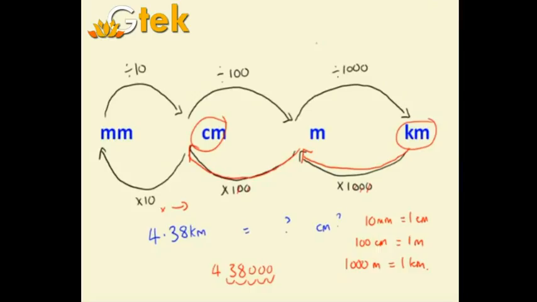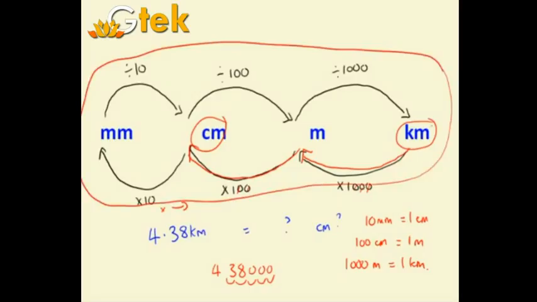So this is the basic idea of converting from one unit to another unit, right? So you have to be aware of this diagram so as to convert from one unit to another unit. So that's the end of the session.